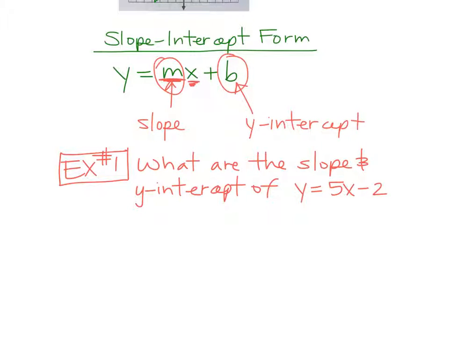You don't need to graph it, okay? They're just saying if you were to graph it, what would the slope be and what would the y-intercept be? So if I have y equals 5x minus 2, what is my m going to be? 5, right? That's my slope.